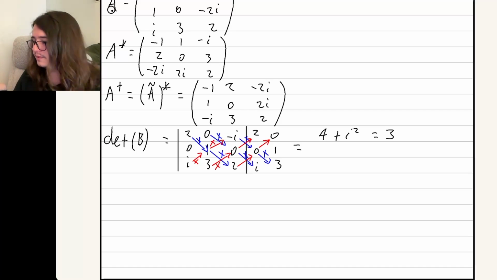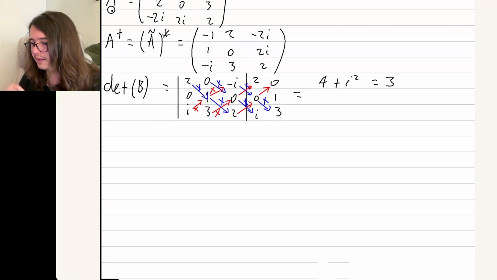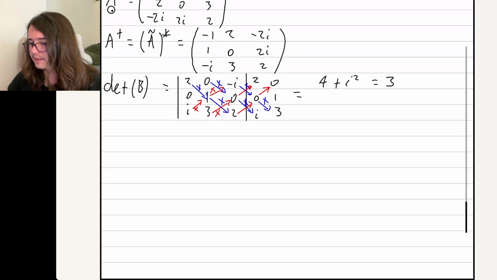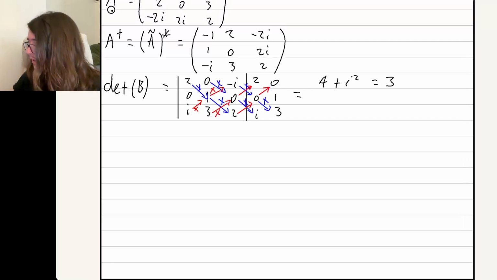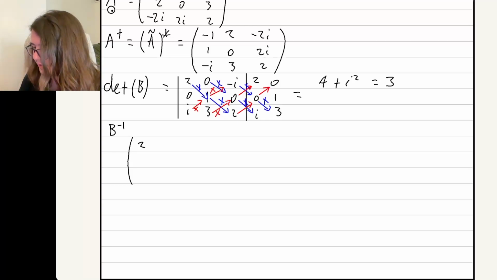Also, the way that Griffiths describes the way to take an inverse of a matrix is not great. So I'm going to teach you the way my linear algebra teacher wanted me to do inverse matrices. What you do is you line up your matrix, which again B was 2, 0, I, 0, 1, 3, minus I, 0, 2.